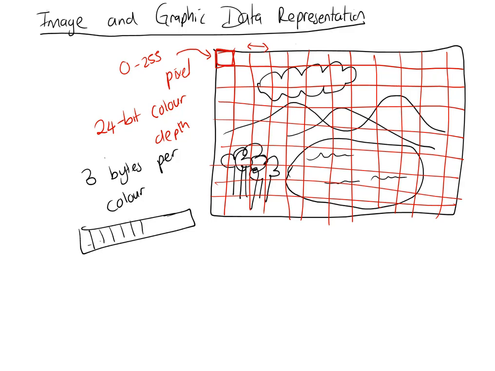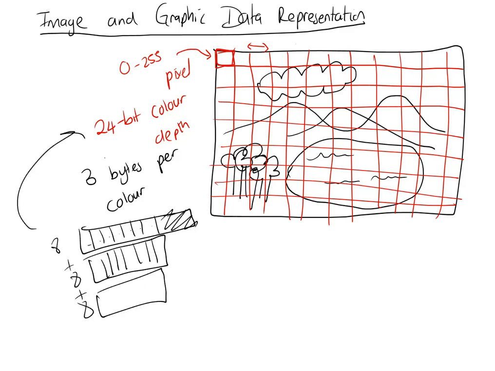That's 1, 2, 3, 4, 5, 6, 7, 8 bits, so that's 1 byte. Another byte is going to represent another color. Another byte will represent a different color. So this is 24 in total, 8 plus 8 plus 8. That's why it's called 24-bit color. If we have this number here, it describes a number between 0 and 255, and that represents the intensity of the color represented by this particular byte.